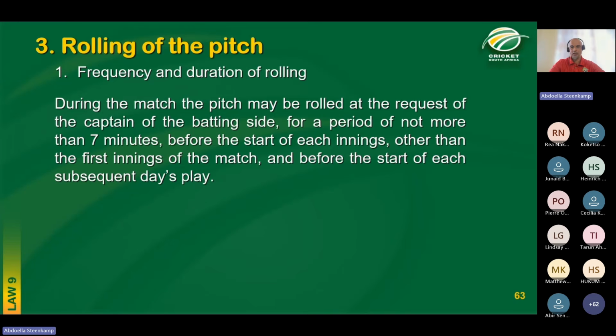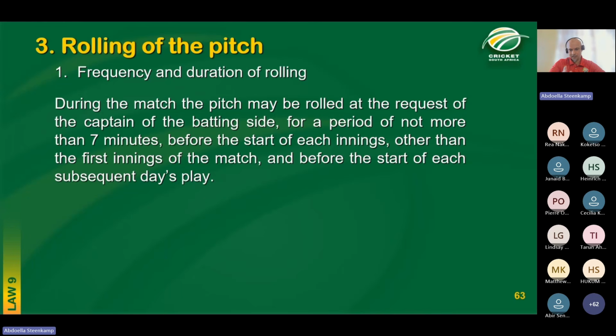Umpire, I want the big roller. And how long? Please umpire, 7 minutes. The fourth umpire will then supervise this rolling and make sure that it's rolled for 7 minutes and that they use the heavy roller. This rolling will take place before the start of the Zimbabwean innings.